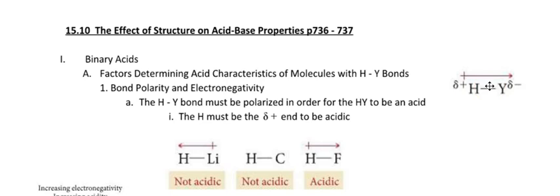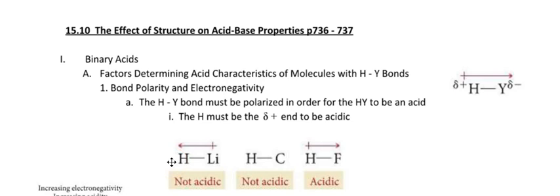And ionic is a total give and take, if you will. So the H will be more likely to fall off the more electronegative the anion is. If you look over here, this is not acidic at all because hydrogen actually has a higher electronegativity than lithium does, so it's going to be pulled this way. It's ionic, if anything.